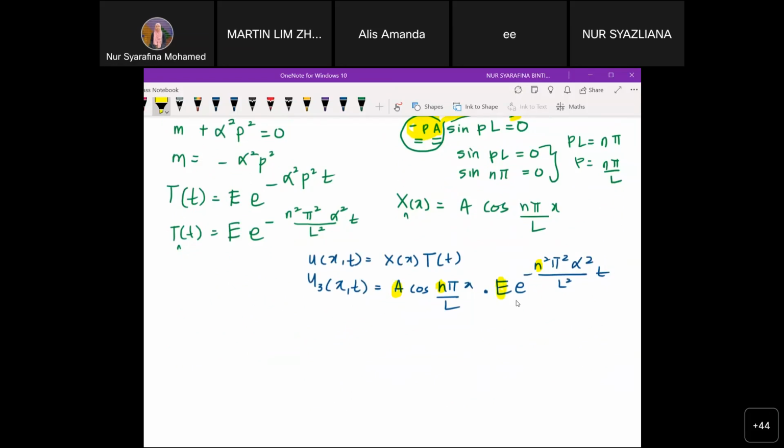Now we can just simplify this, u(x,t) equals A times e, it's another sequence, so we just create another constant A_n cos n pi x over L e exponent negative n squared pi squared alpha squared over L squared t. So this is the solution for the third case.